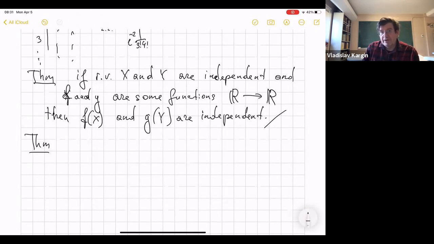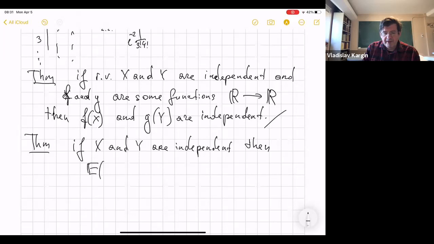So if x and y are independent, then expectation of x and y is equal to expectation of x multiplied by expectation of y.